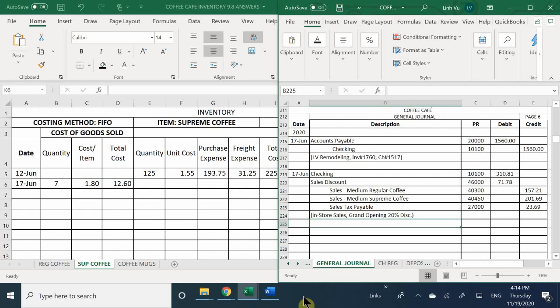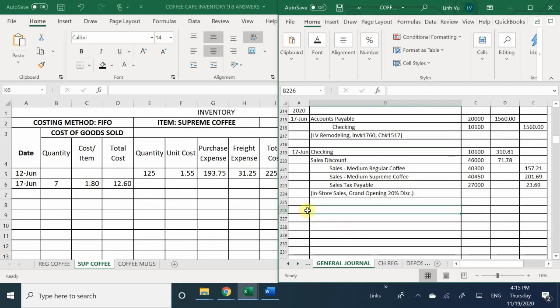Good. But what was the column that we actually used to calculate how much we got rid of? Our cost of goods sold. Good. So do we need to record that? Yes. All right, so let's go ahead and go to our chart of accounts and tell me, do we have a cost of goods sold?